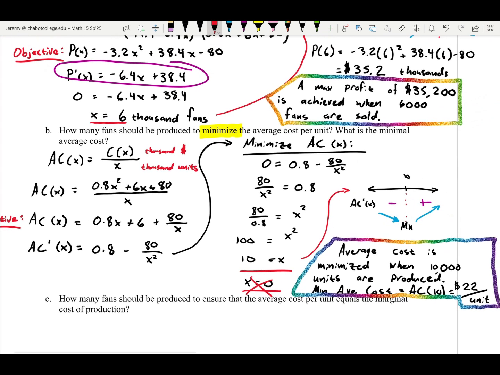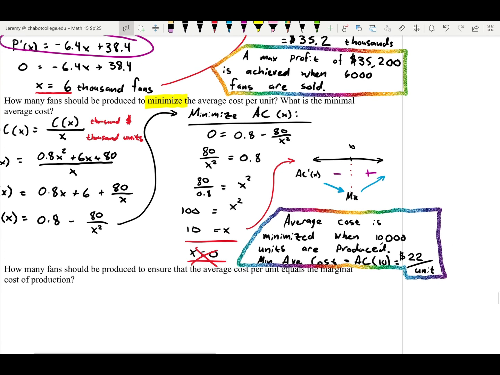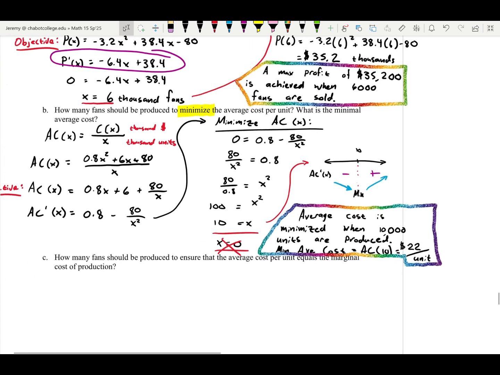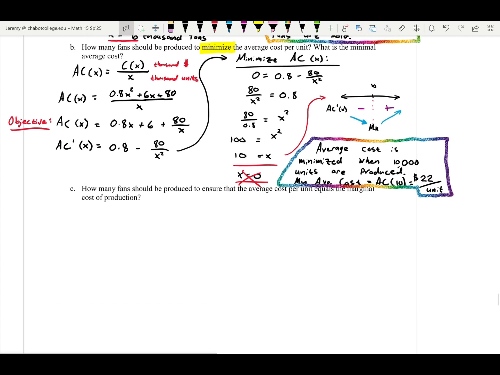Okay, so that's why we ended up with dollars per unit. Like you could say $22,000 per 1,000 units, but I'd rather just say $22 per unit. Okay, so we're basically just applying the same procedure to a different function here.